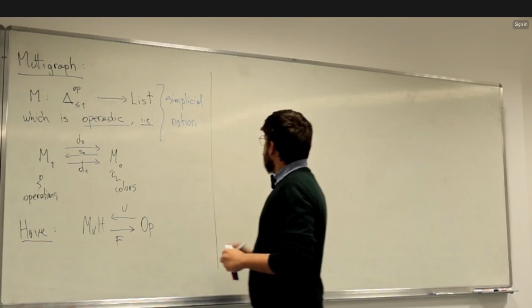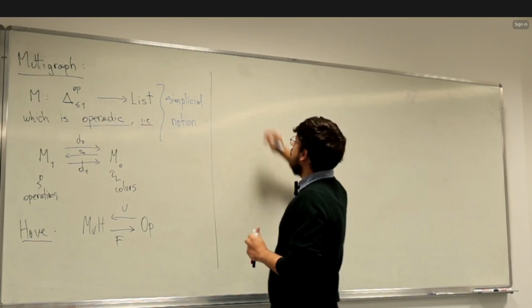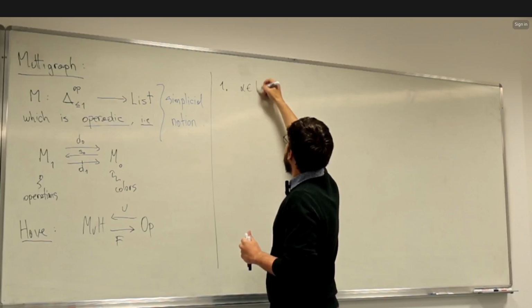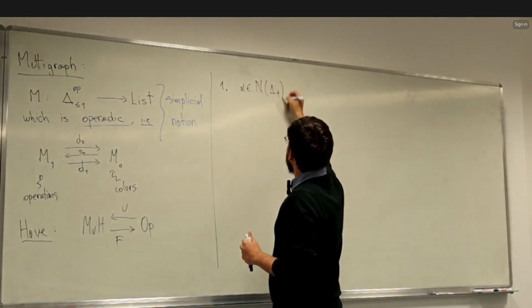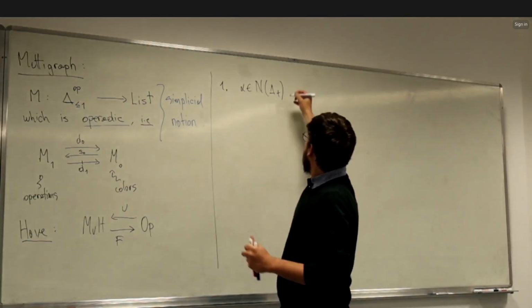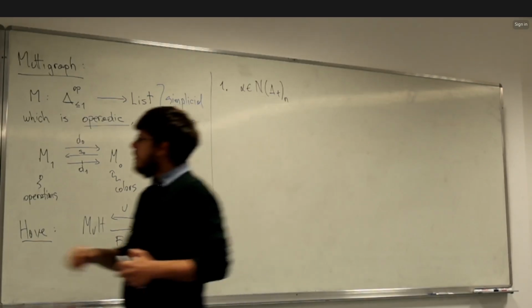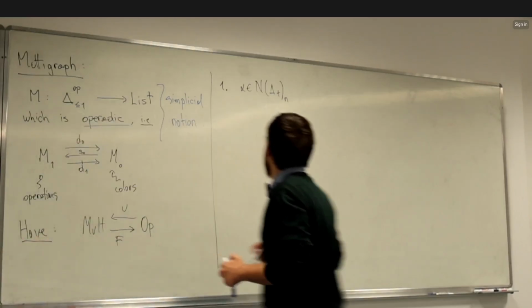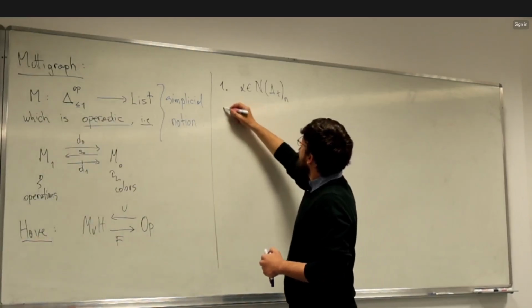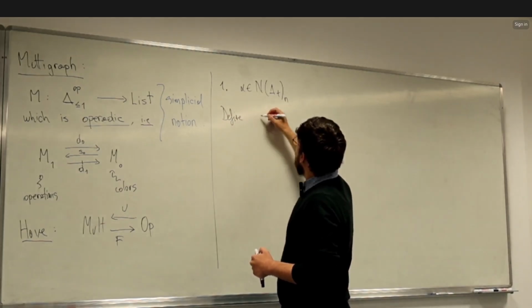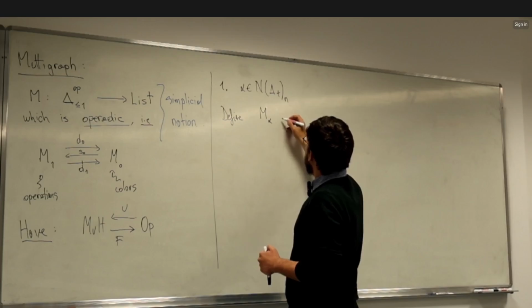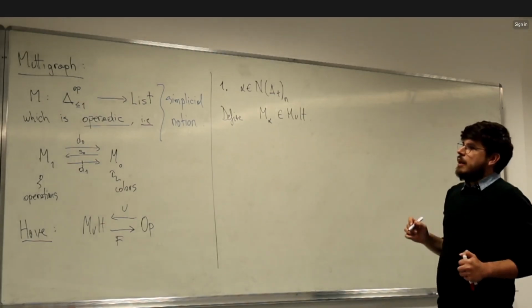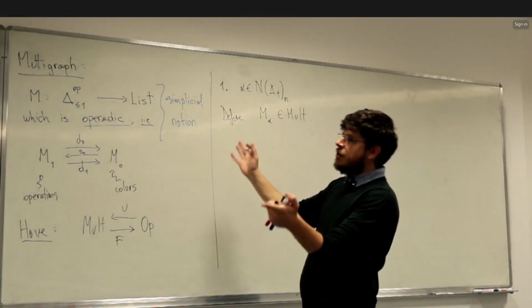Now the way we do the nerve is the following. Number one, take a simplex in the simplex category, which is just a chain of ordered sets and order preserving functions, and define an associated multigraph, and it's really the picture there.